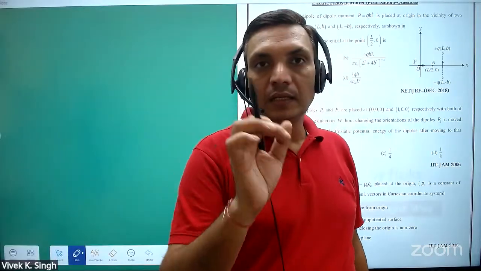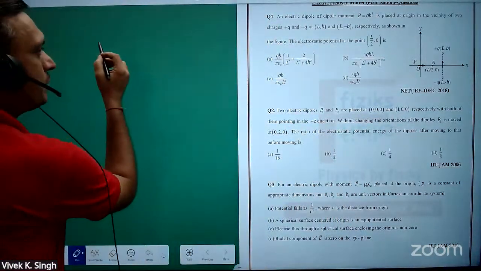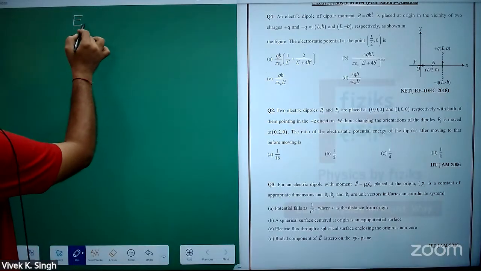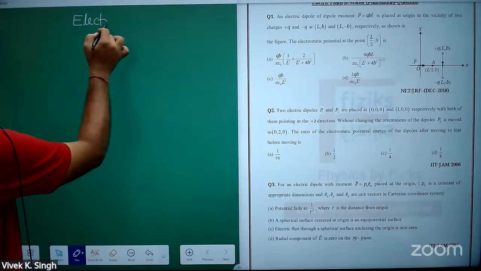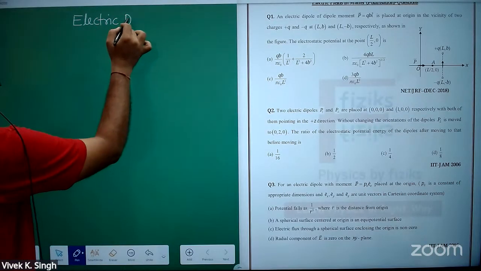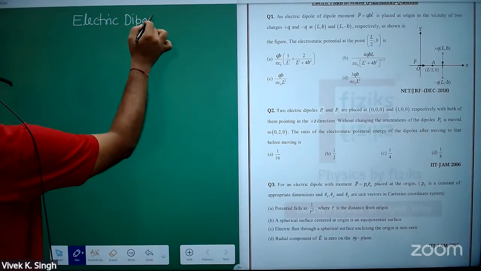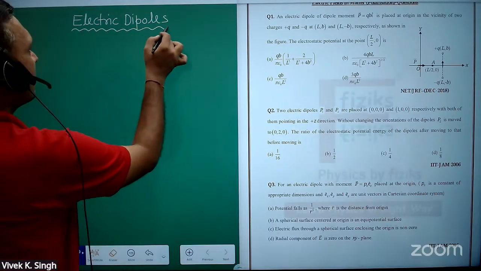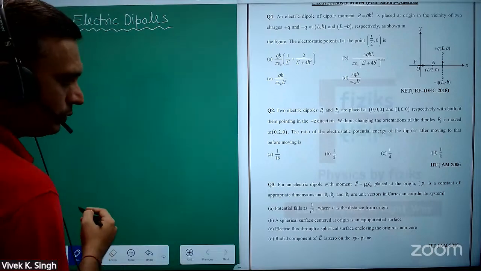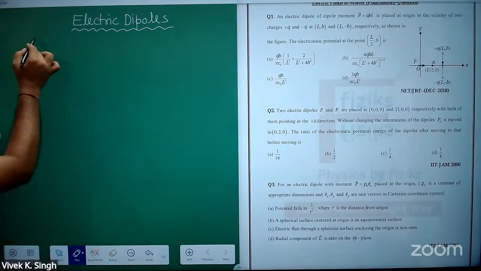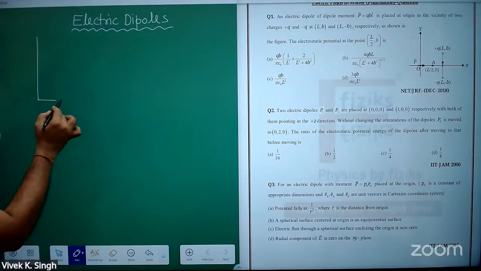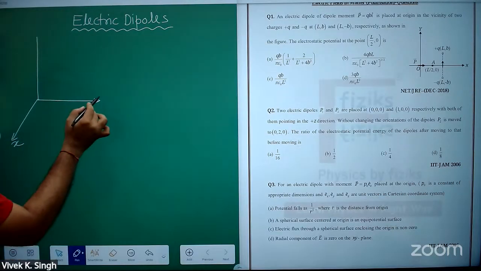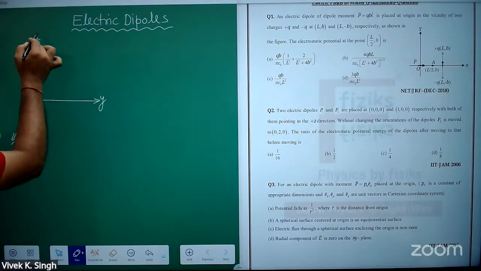What are the formulas and concepts that we are going to use in case of electric dipoles? So let's summarize those formulas. Electric dipoles. So assume we have an electric dipole that is placed along z direction.